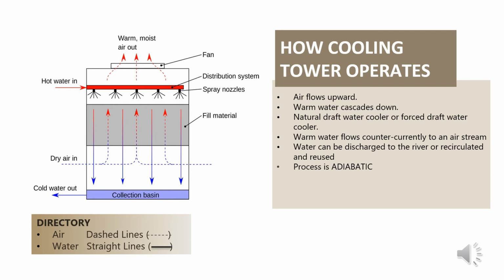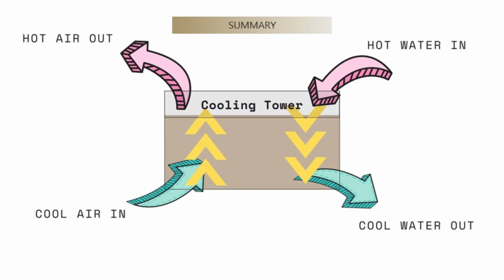Water can then be discharged to a river or reused. The whole process is adiabatic. Here is an illustration that may help you to understand more about how a cooling tower operates.